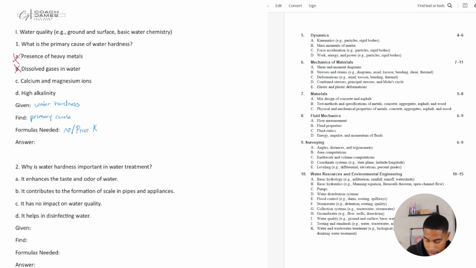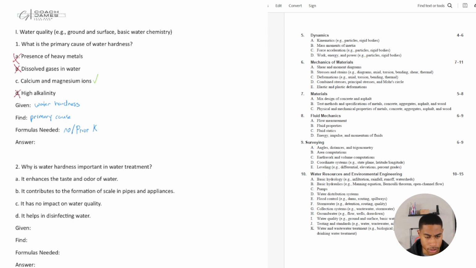Calcium and magnesium ions? Yes. When you think of water hardness, you should know that it's calcium. Remember, calcium makes your bones strong, right? Calcium and milk, think of hardness, or high alkalinity. No. Your water hardness is always going to be calcium and magnesium ions.